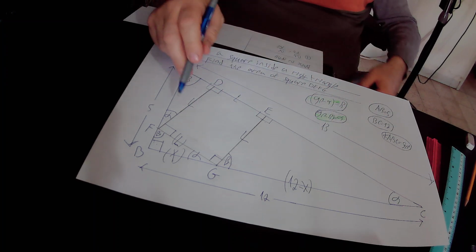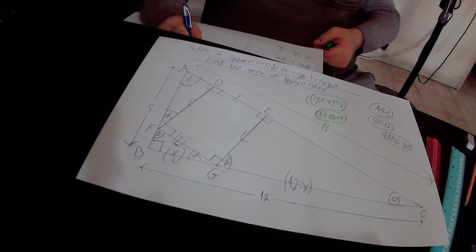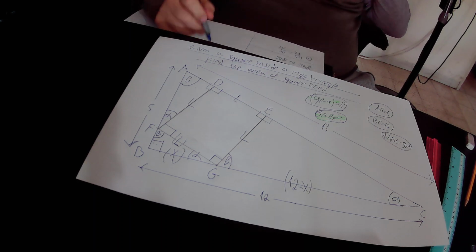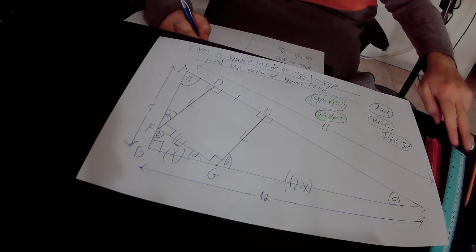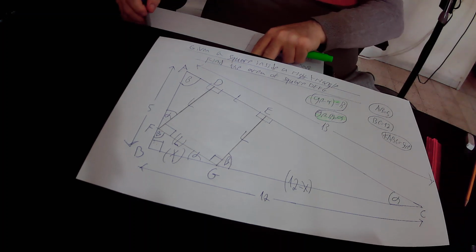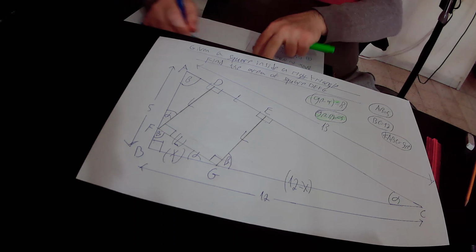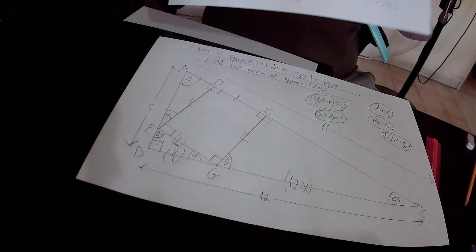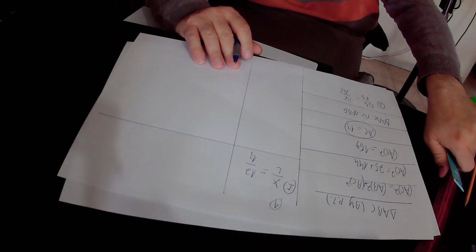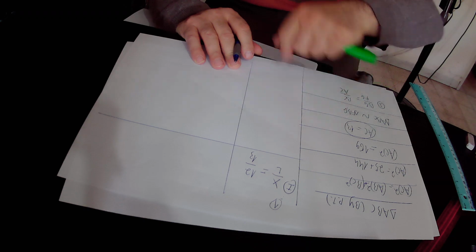So BC is 12 over AC. AC is 13. So in conclusion, according to equation 1, x over L equals 12 over 13.